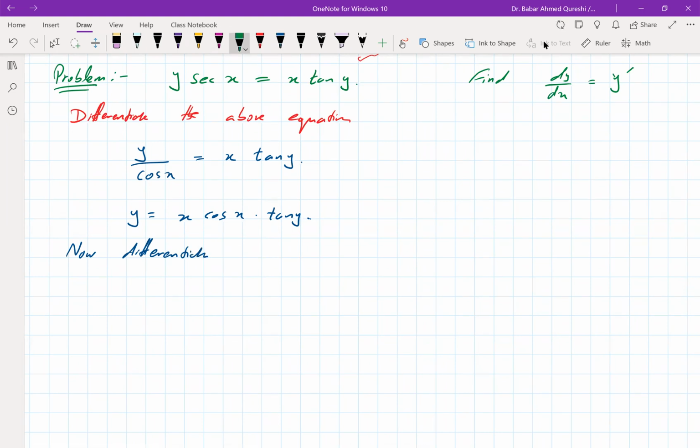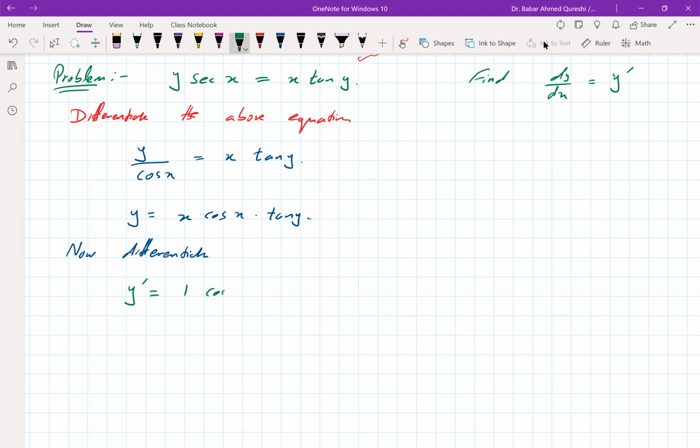So you get y derivative is equal to, we have to do the Leibniz rule.